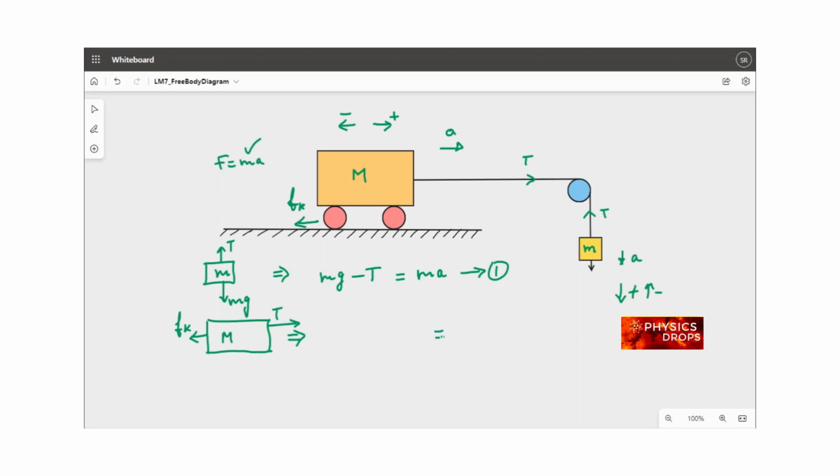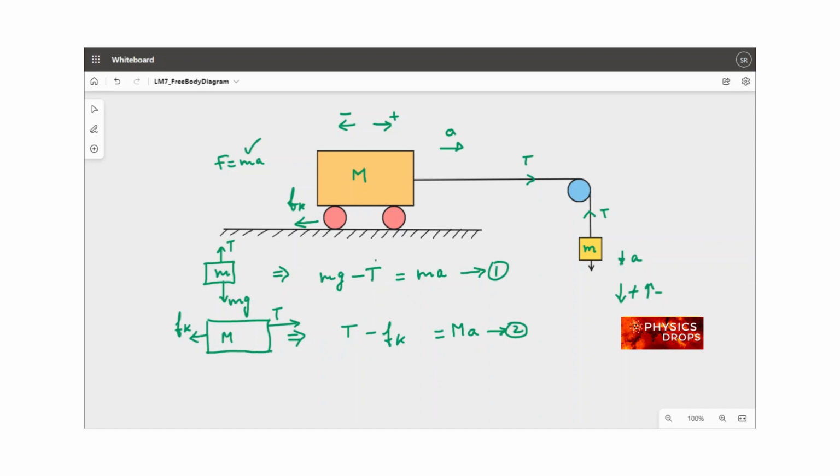So let's write the ma part of the equation first, which is capital M times the same acceleration a, equation 2. On the left side let's put in all the forces. T is in the positive direction, and Fk is in the negative direction, so T minus F sub k is Ma. So these are the two equations which we can solve.